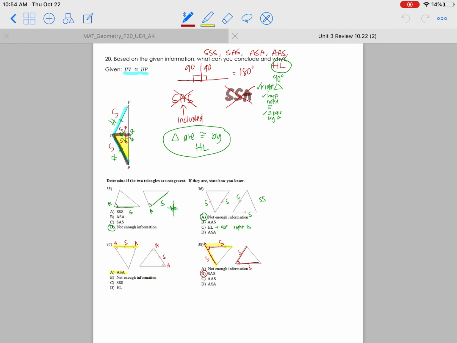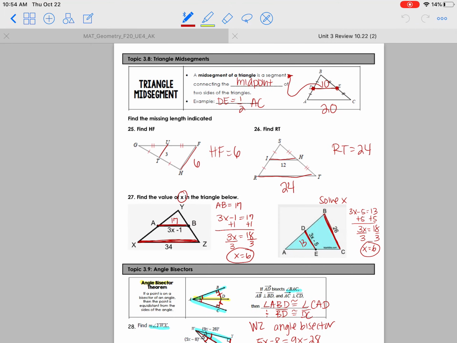And I just want to make sure that you understand that whenever we have two right triangles, then we've got to check for the HL theorem. And the three conditions for the HL theorem are that the triangles must be right triangles, that the hypotenuse needs to be equal, and then at least one pair of legs will be equal. Okay, so that's what we reviewed today in class, so I'm not going over that.